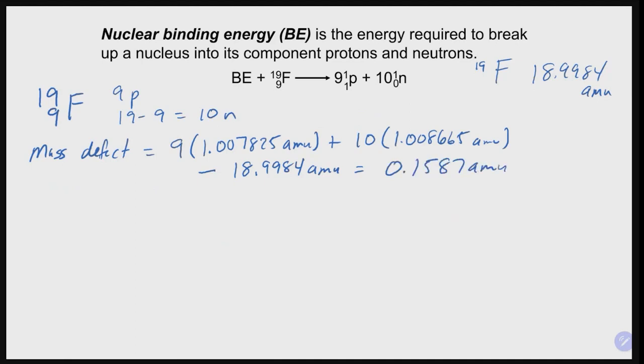That is the difference of mass between the protons and neutrons in the nucleus and the mass of the actual isotope itself. That little bit of mass is going to be converted into energy through this process.